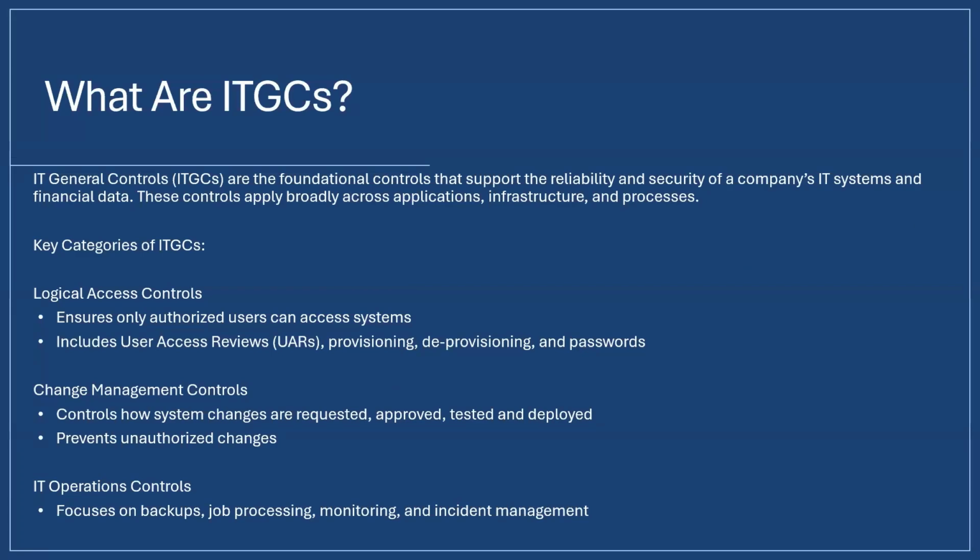The user access review is under logical access controls, but they have a component on change management controls and IT operations controls, because you can have access to the tools in change management. You can have access to the tools used in operations, and those users need to be assessed as well. And that's kind of what the user access review will also review as well. So that's just kind of a brief understanding of what ITGCs are.